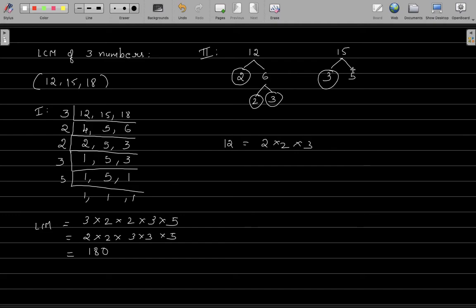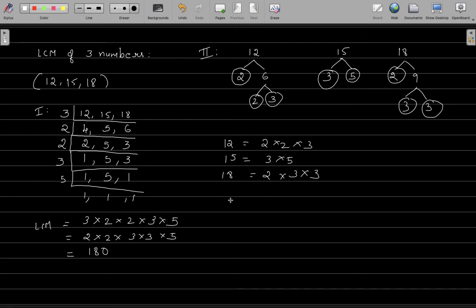Both 3 and 5 are prime factors. So I can write 15 as 3 times 5. And 18, I can write 18 as 2 times 9. 9 can again be factorized as 3 times 3. So I can write 18 as the product of these factors 2, 3 and 3. So it is 2 times 3 times 3.